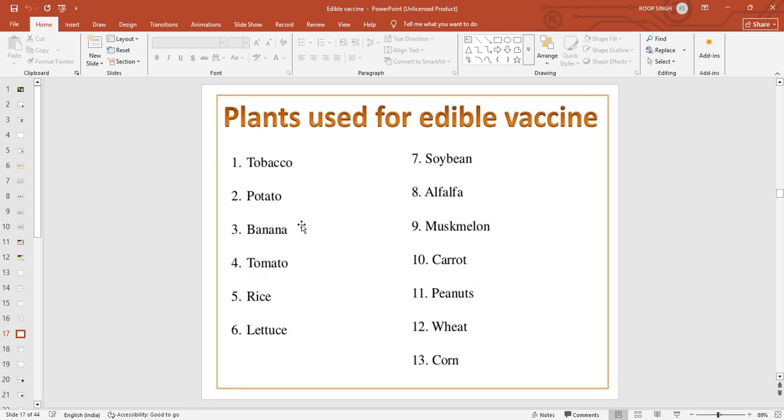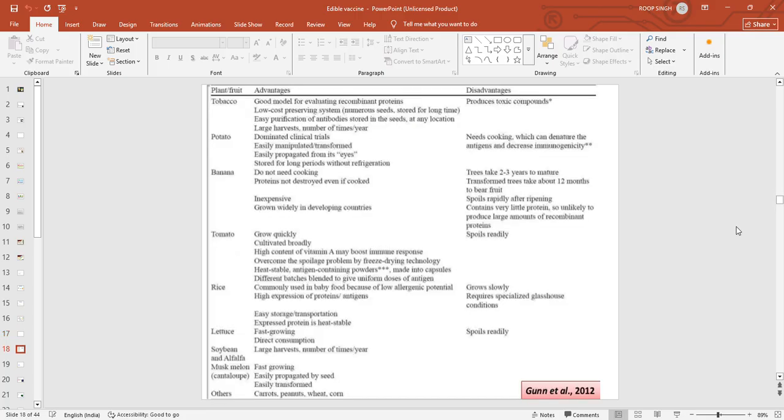There are several species of plants that can be used for developing edible vaccine, like tobacco, potato, banana, tomato, rice, lettuce, soybean, alfalfa, muskmelon, carrot, peanuts, wheat, corn. All of these plants can be used for developing edible vaccine. Each plant species has different advantages.